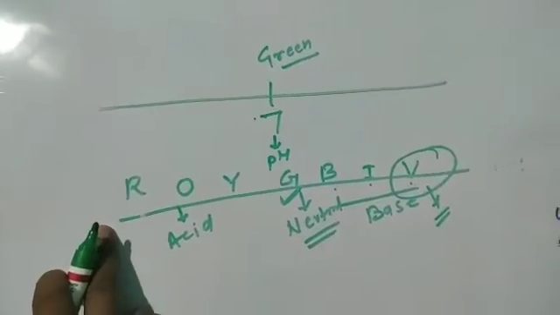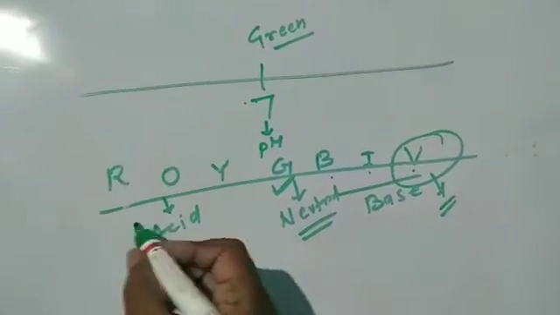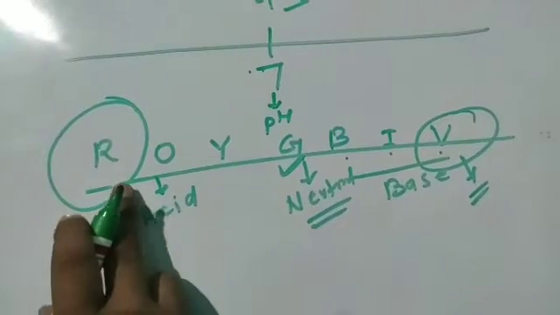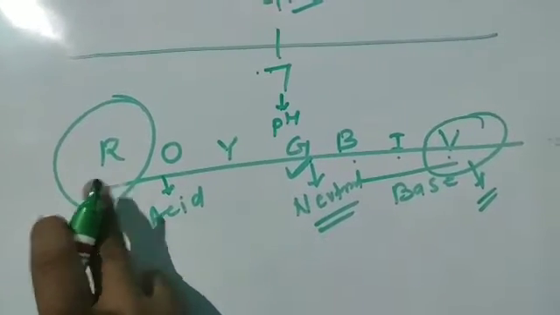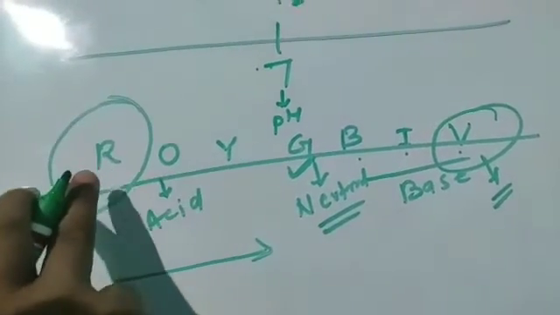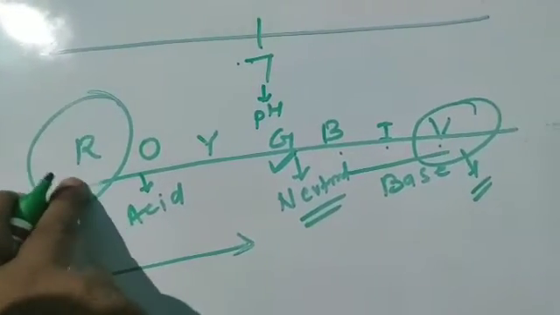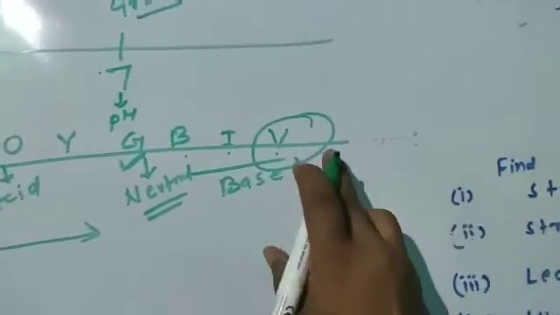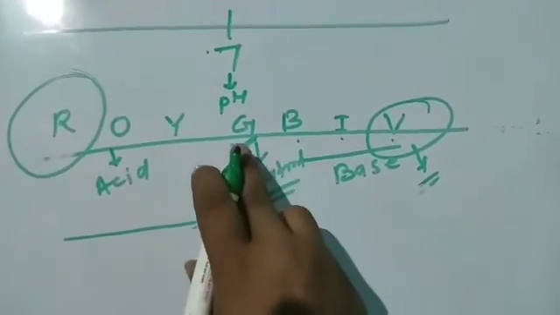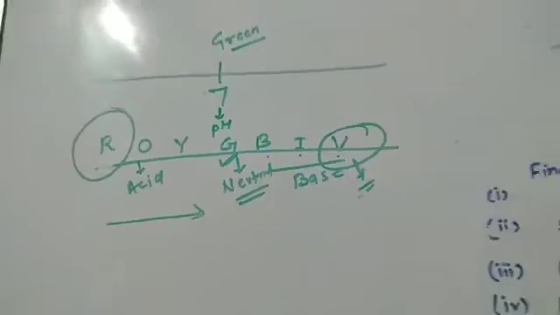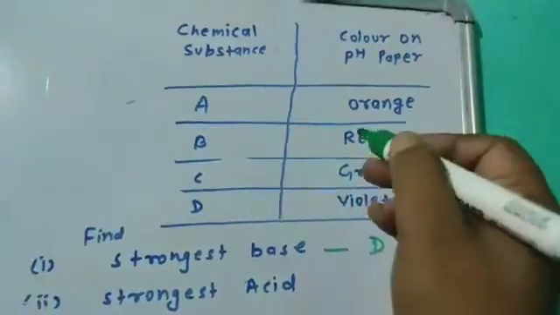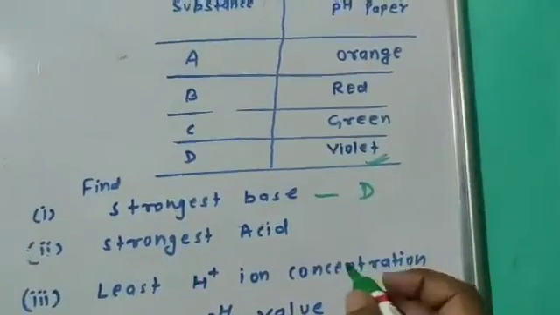The pH value increases from left to right. So red has the lowest pH value and is the strongest acid. Violet has the highest pH value and is the strongest base. If the color is green, then it is pH 7. So the strongest acid is B.